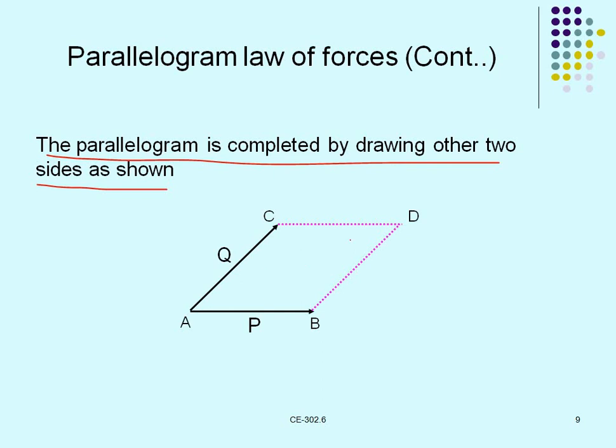So here this represents the parallelogram diagram. AB is along the x-axis and AC is in the y direction. Here Q and P represent the magnitudes and directions, and D is the meeting point of the parallelogram.